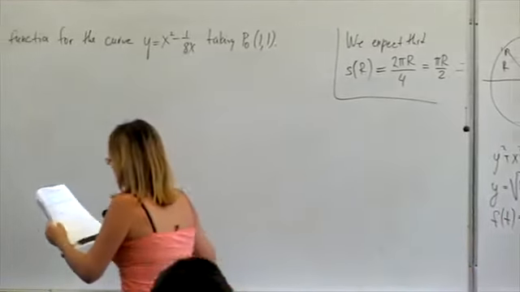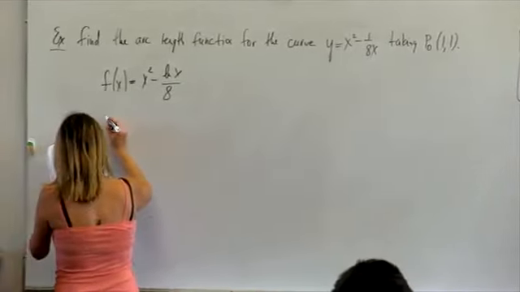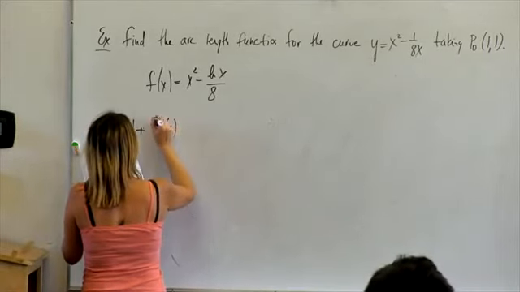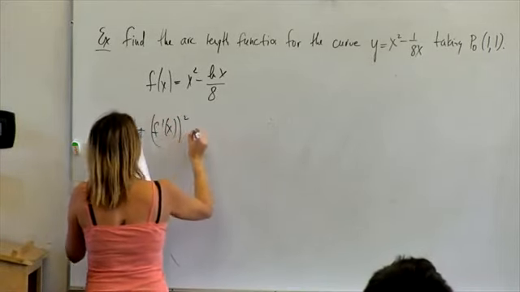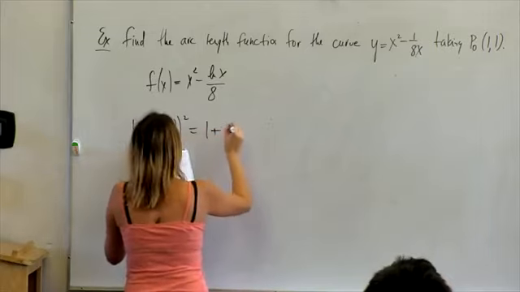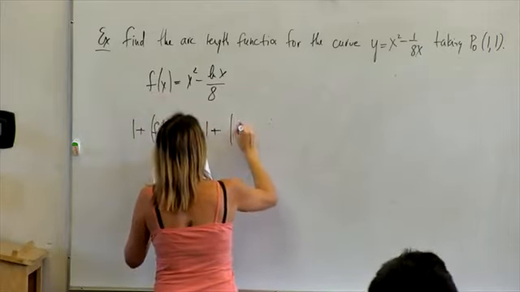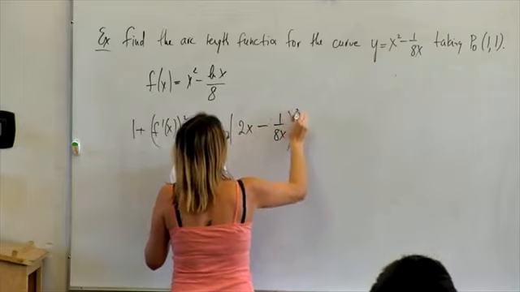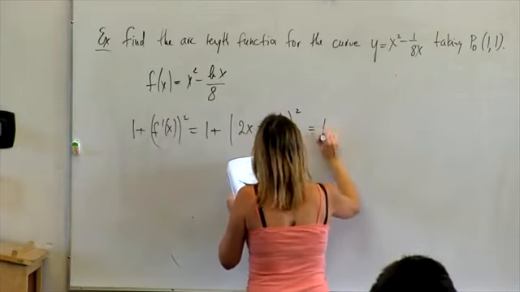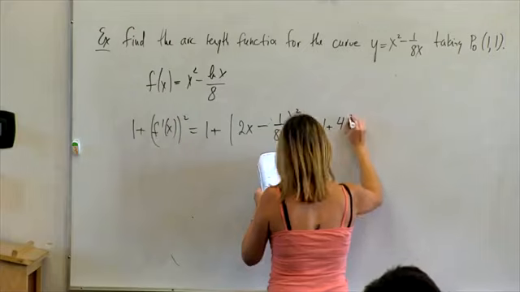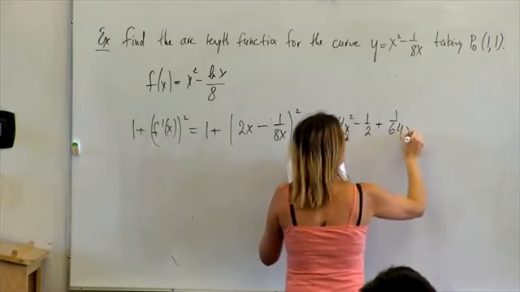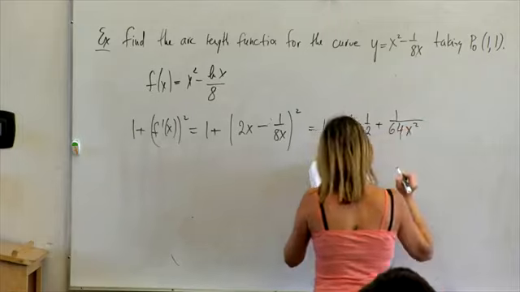Okay. So we can write down this expression. 1 plus, we have to differentiate this. 2x minus 1 over 8x squared. That's given by 64x squared.